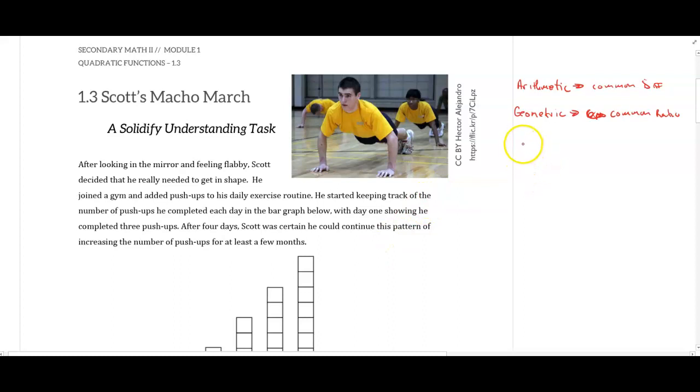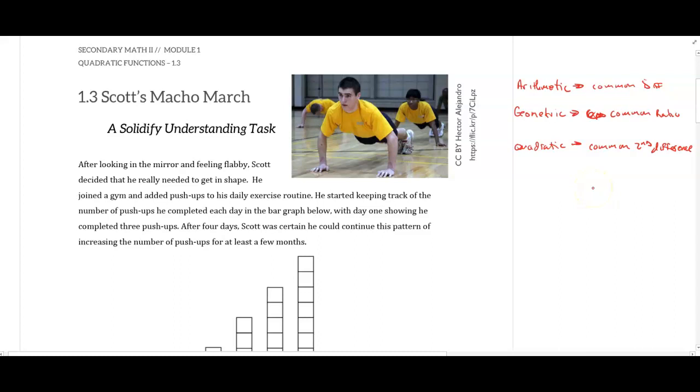The new type of function we have is called a quadratic function. And what this sequence has is a common second difference. Okay? So basically when you take the first difference, take that difference again, and that should be common throughout.